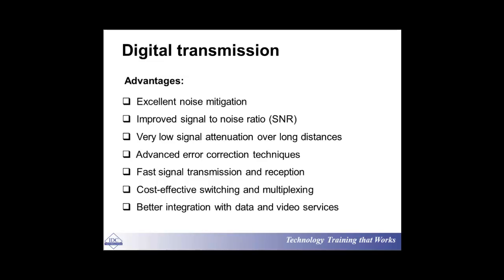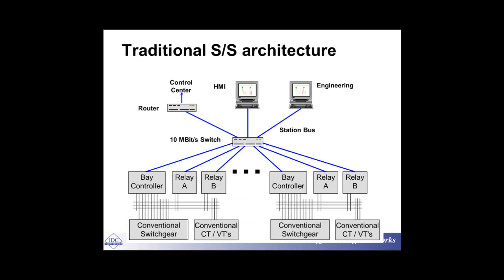Especially in terms of error correction, and fast and accurate signal transmission and reception, that could be very good. And guess what? In terms of price, it could also be cost effective. The cost of digital systems these days is a lot less than an equivalent analog system.